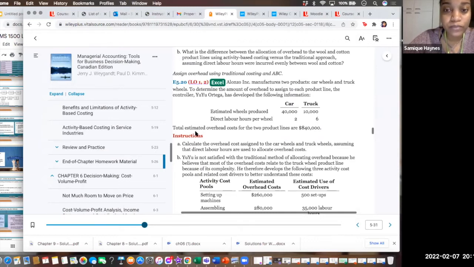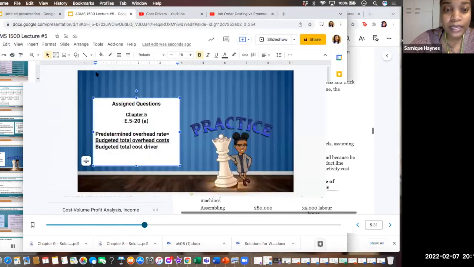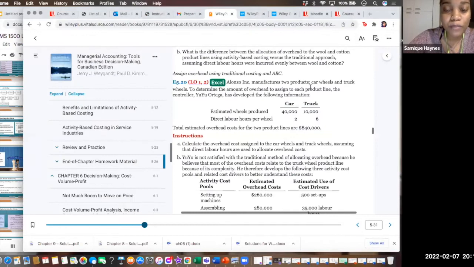$840,000. Good. Now, we also estimate that direct labor hours for the car and the truck will be 2 hours per wheel for the car and 6 hours per wheel for the trucks. But for the formula, we need a total cost driver. How will we find total cost driver here?